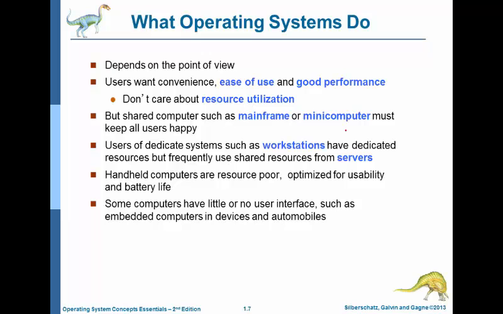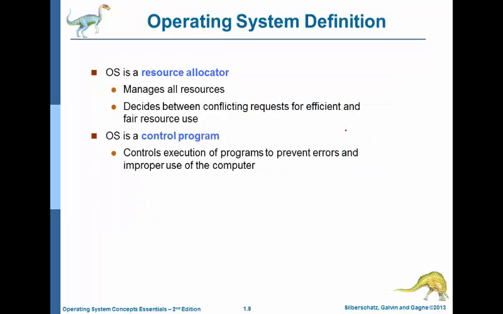So we rely on the operating system to do something for resource utilization. Operating system can share the computer, some workstation servers, and very simple stuff. Operating system is a resource allocator. Operating system is a control program. Not only that, a lot more, right?